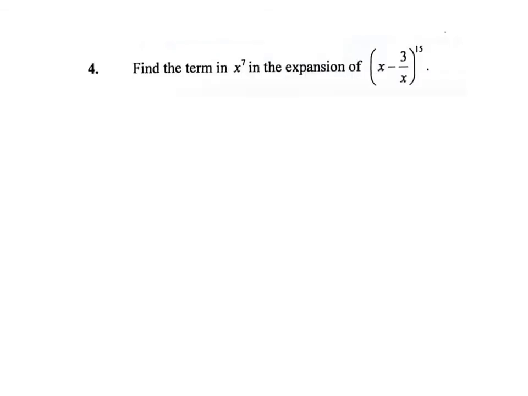What I want to do is to find the general term, and that general term is, well, it's going to be 15 choose r, x to the power of 15 minus r, times minus 3 over x to the power of r.